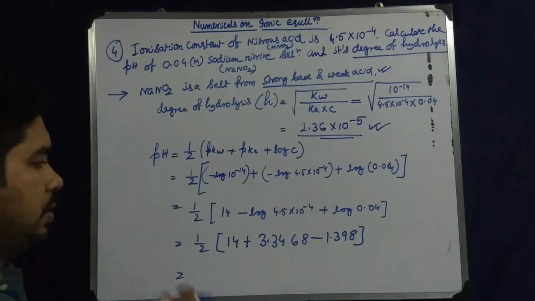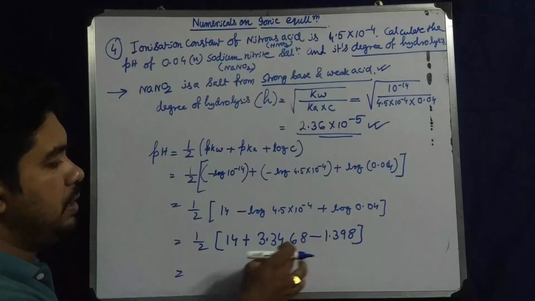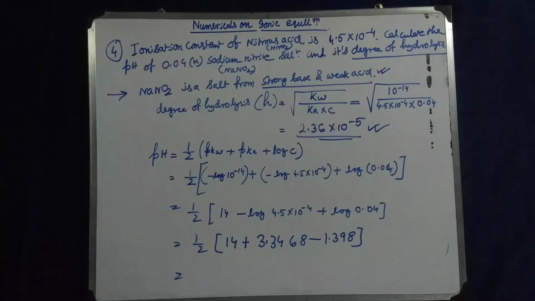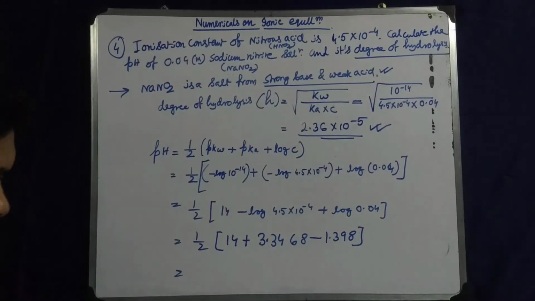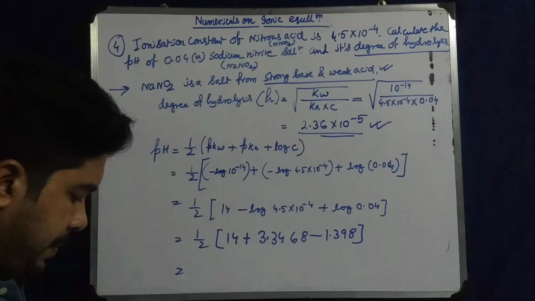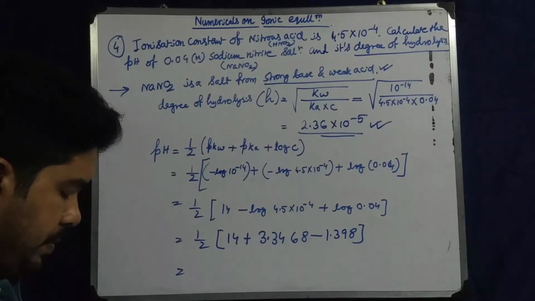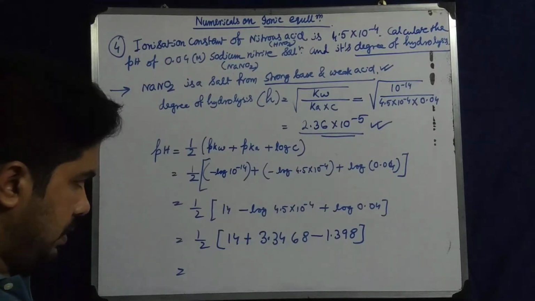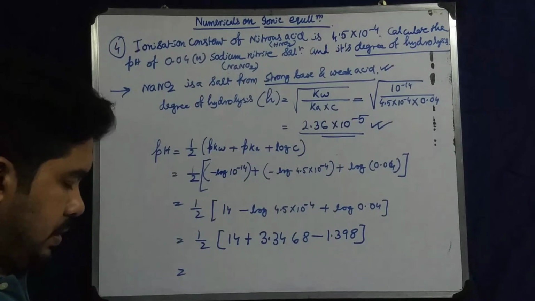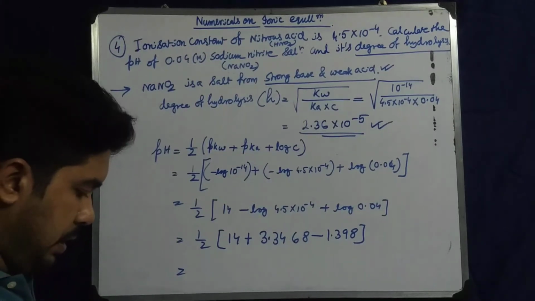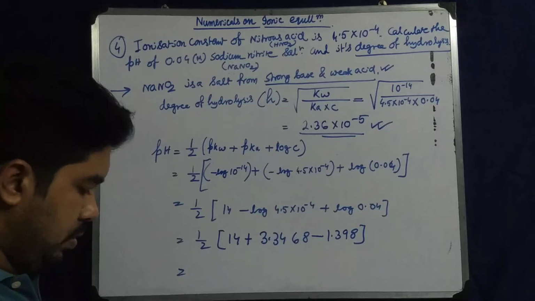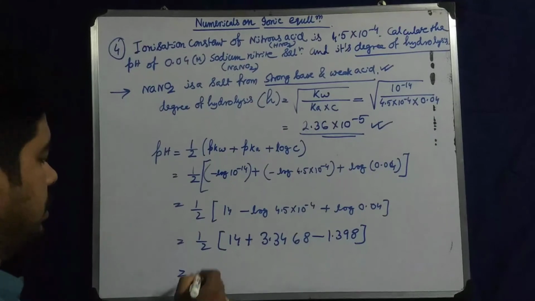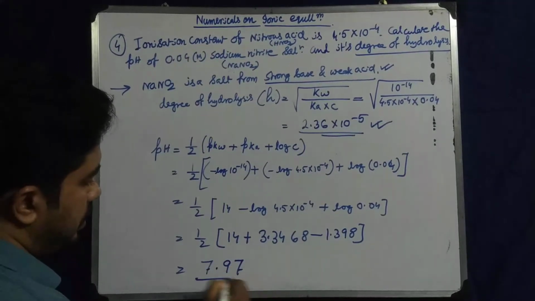What will be the answer? 14, 17, 18, 18.67, that means by 2, 7 points something. Plus 3.3468 minus 1.398 equals, divided by 2, it will be, yes, 7.97. This is your answer.